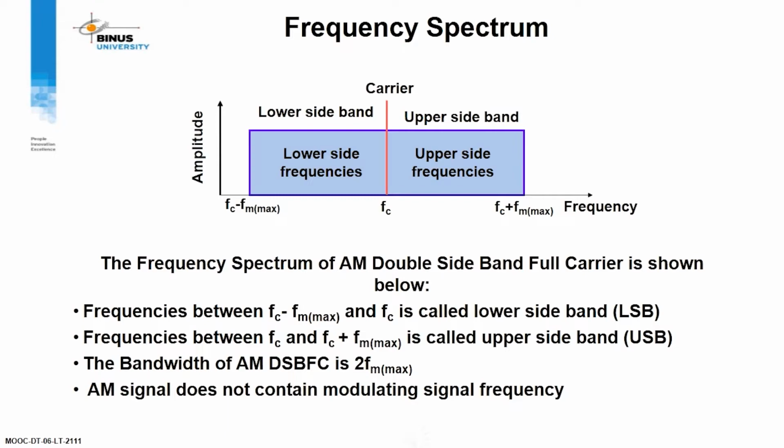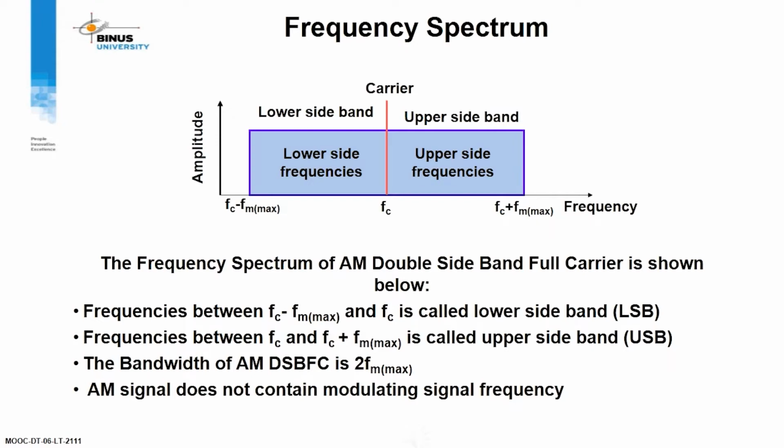Frequency spectrum. The frequency spectrum of amplitude modulation double sideband full carrier is shown in the slide. Frequencies between F carrier minus F M maximum and F carrier are called the lower sideband, LSB.